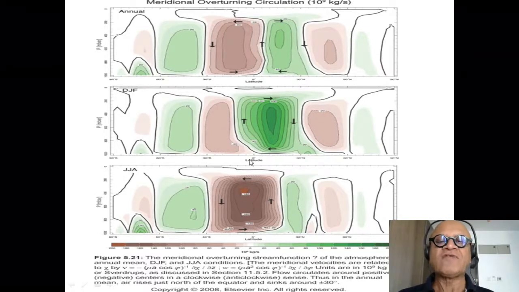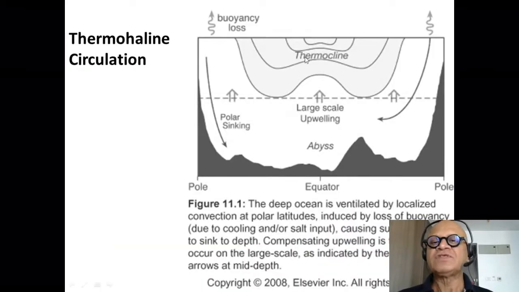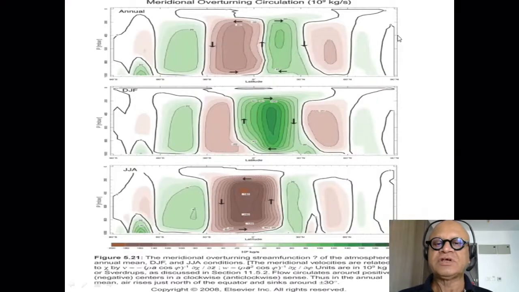This is our old figure from chapter 5 showing us our annual mean and seasonal stream functions, meridional, zonal mean, meridional stream functions, showing the Hadley cell, which is the direct cell with weak polar cells, and the equivalent of that is of course the ocean upwelling and sinking. So you can think of this here as the Hadley cell. Then you have weak cells at higher latitudes as well.